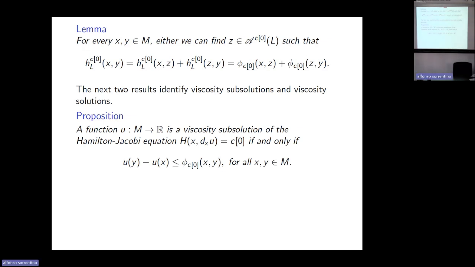So the next two results define viscosity subsolution and viscosity solution. In fact, it's not a definition, but an identification. We have that u is a viscosity subsolution of H(x, d_x u) = c0 if and only if u(y) minus u(x) is less than the Mañé potential at c0 from x to y.